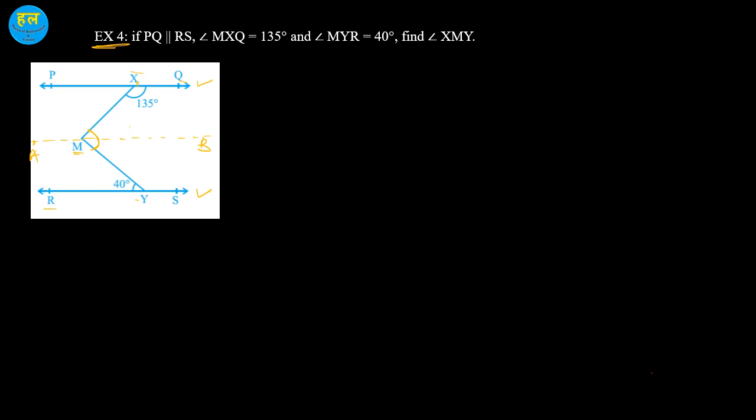Now we have three lines, that is line PQ, line AB and line RS, right? PQ is parallel to AB and PQ is parallel to RS. Therefore, AB is also parallel to RS from theorem 6.6 which we have learned earlier.